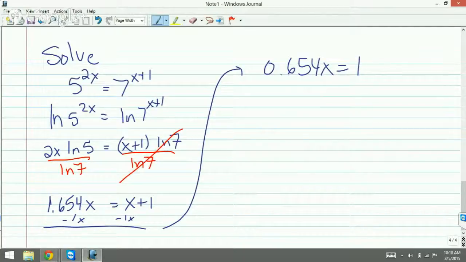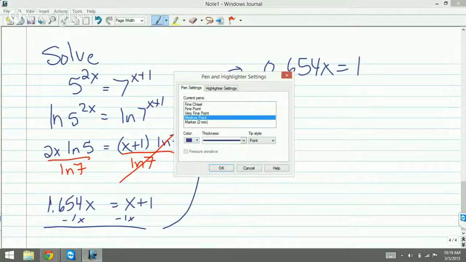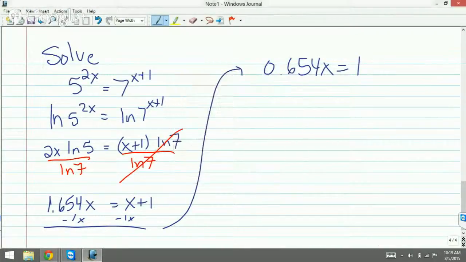Wait, why are you adding? Because I have to combine the x's, like terms. 0.654. Bring this one over here. So you get rid of it. They got subtracted another one. No, now we got to divide. Yep. Don't forget your algebra skills, y'all.